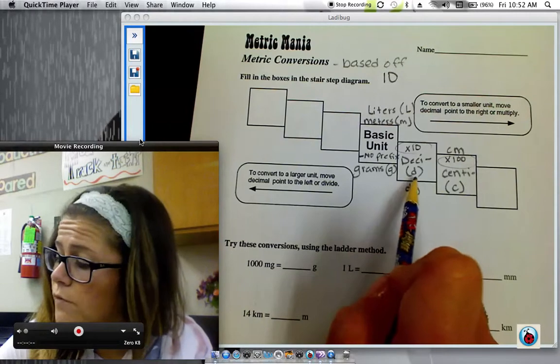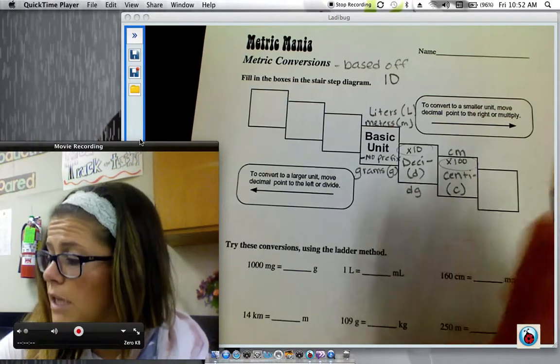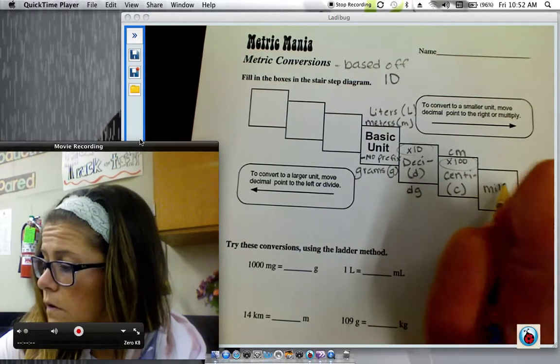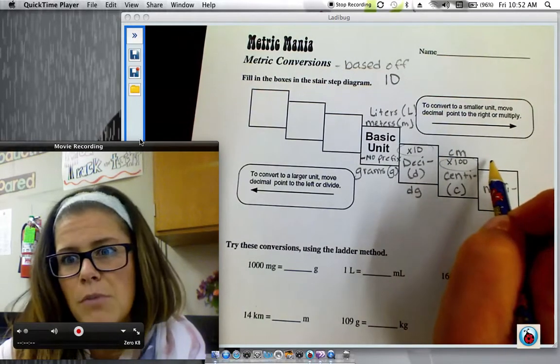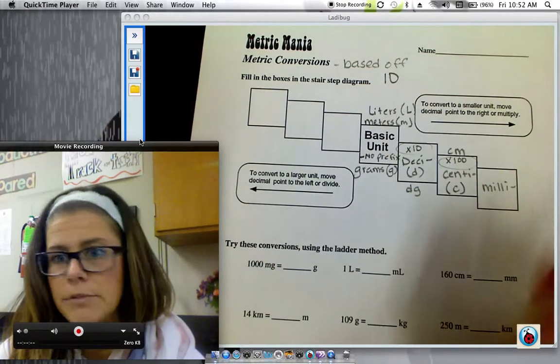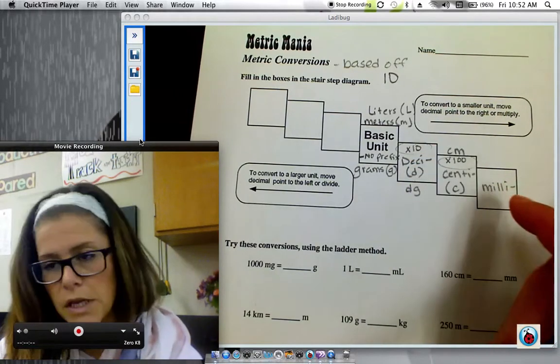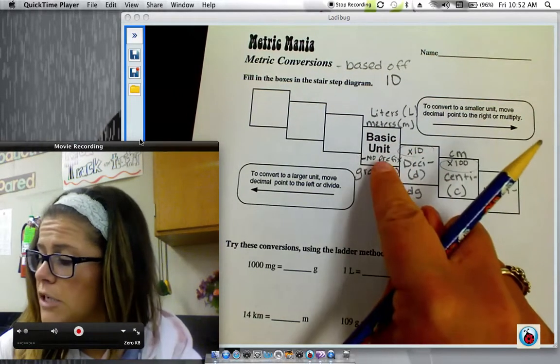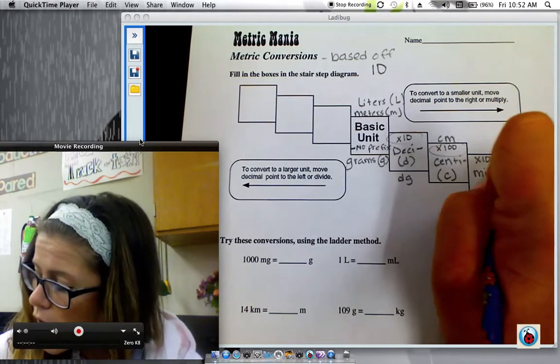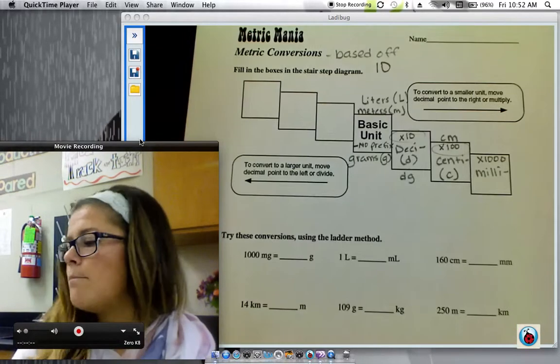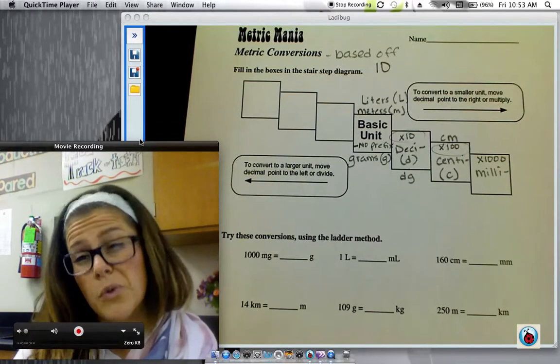If I was going from deci then to milli here, I move down 1, 2. That means I would then multiply it by 100 if I was going from deci to milli, okay? But if I'm going from basic unit to milli, it would be 1,000. So there are 1,000 milligrams in 1 gram, okay?